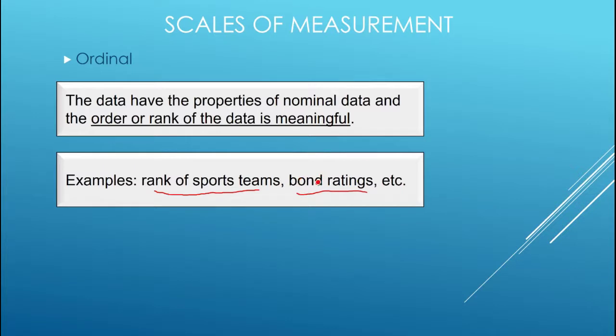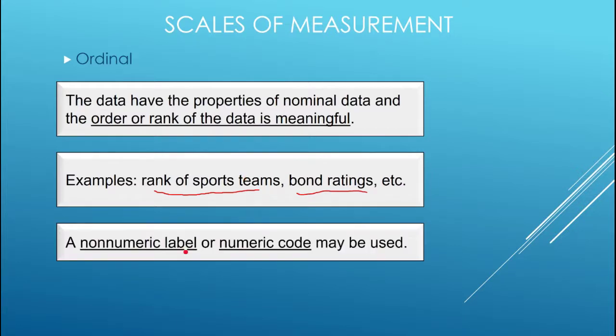So the order actually matters, and the variable is also categorical, with different labels: first, second, third for sports teams, or AAA, AA+, etc. for bond ratings. Again, these are non-numeric labels, but numeric codes may be used, and oftentimes we're going to want to code these things numerically to use them in statistical models.